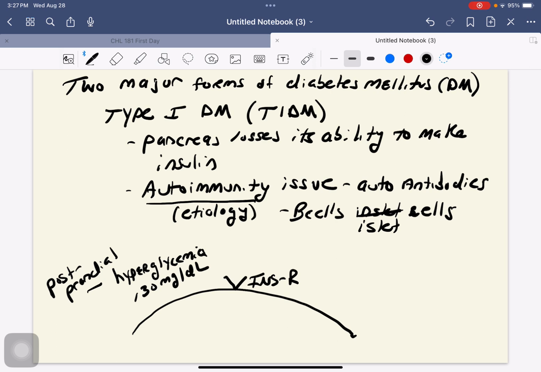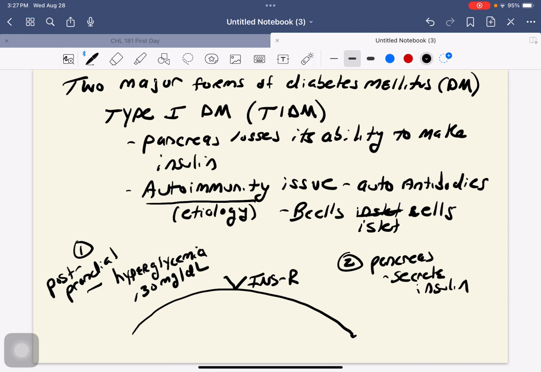So the body's now going to respond to remove this excess of sugar out of the blood and try to get it into storage. So what's going to happen, right? This is maybe step one. Step two is the pancreas is going to secrete insulin, right?